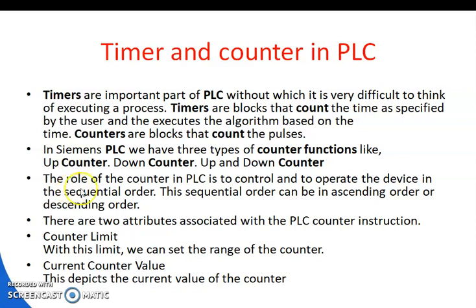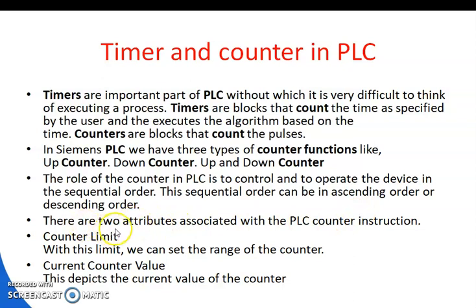Third one, the role of the counter in PLC is to control and to operate the device in the sequential order. This sequential order can be in ascending order or descending order.